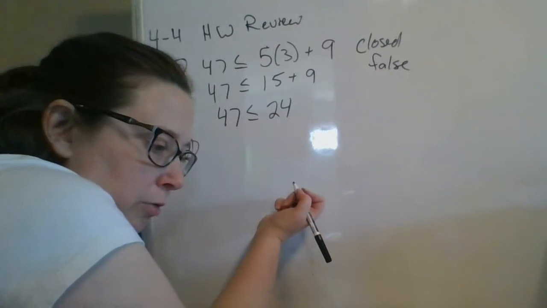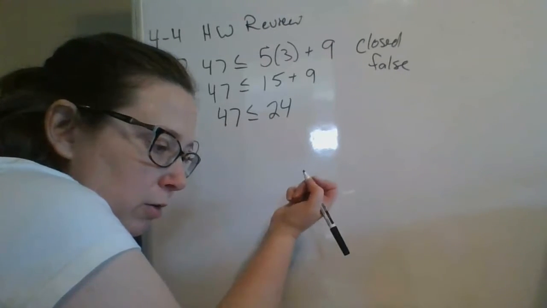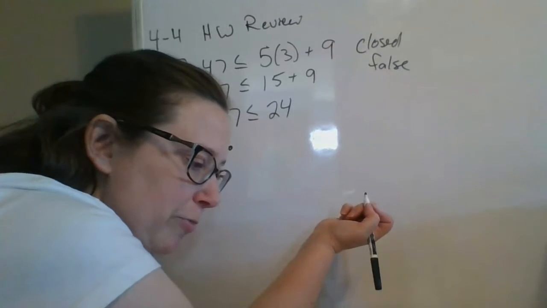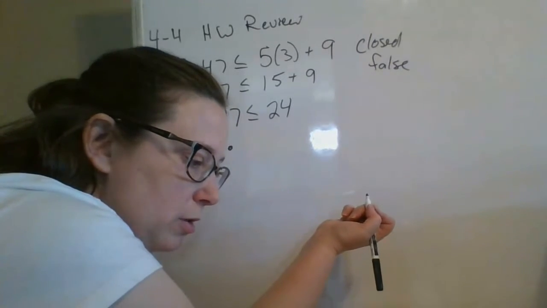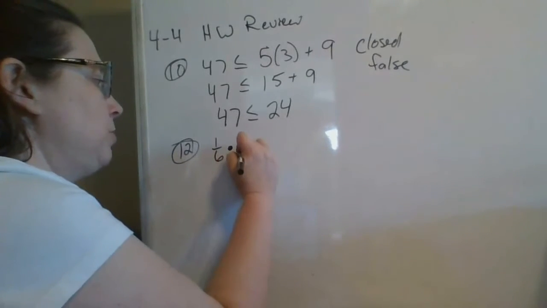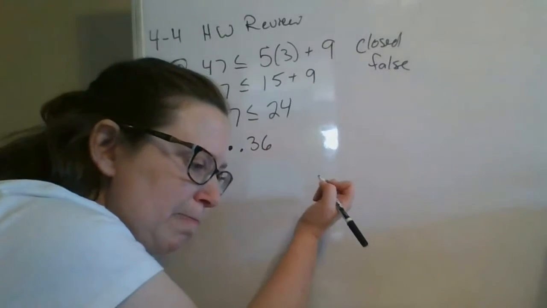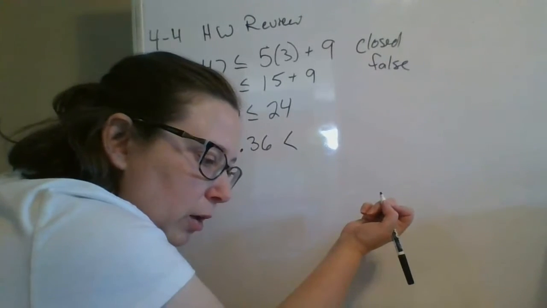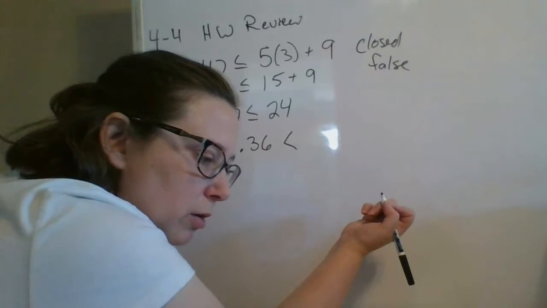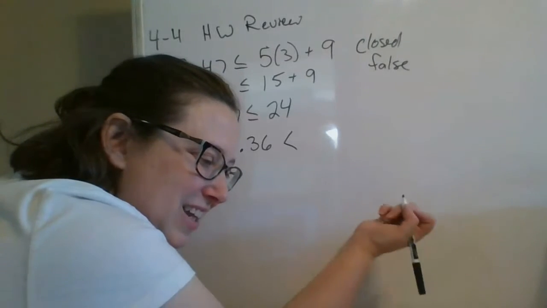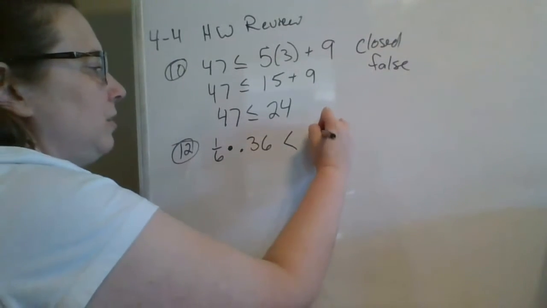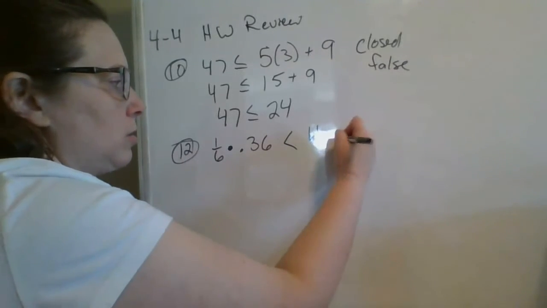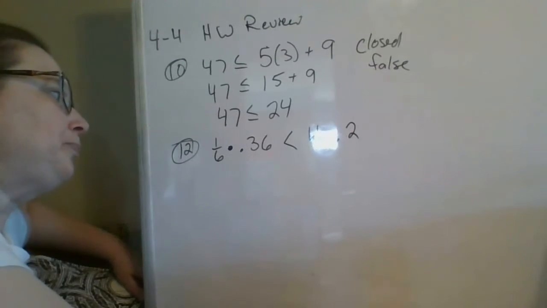For number 12, we have 1/6 of means times. So 1/6 times 36 hundredths. So we're multiplying this times 36 hundredths. And that is less than 2/10 less than 4. A little confusing because you have 2 less thans in here, but this one means subtraction, so you're taking 2/10 less than 4.